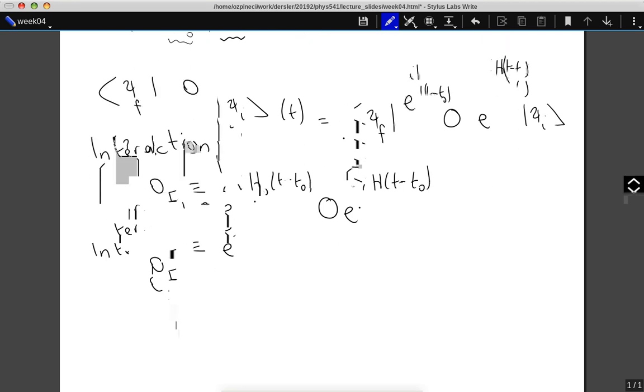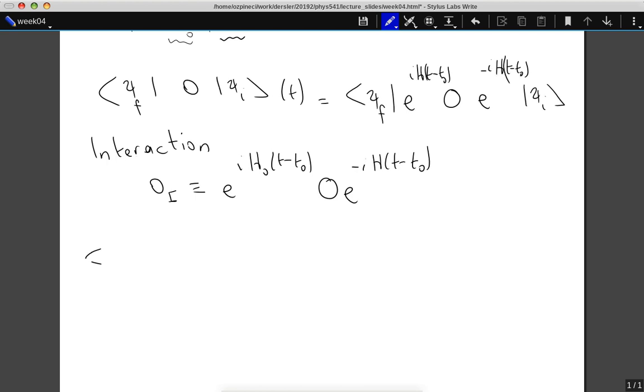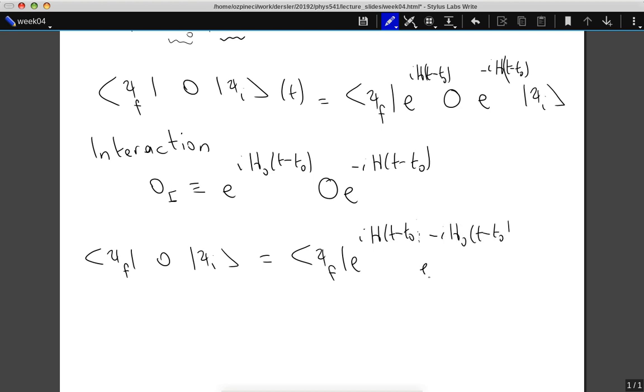And so if you look at the matrix element that we are interested in, it just becomes e to the power i H (t minus t0), e to the power minus i H0 (t minus t0). Here we have the interaction picture operator at time t.